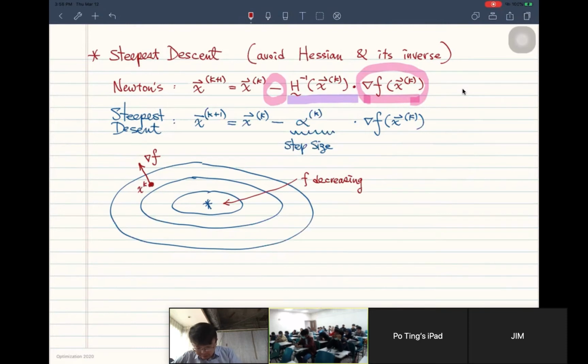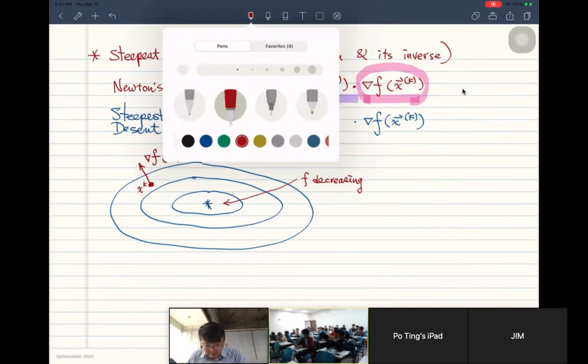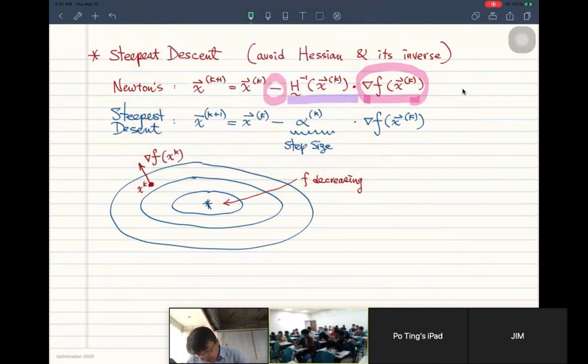So this will be the gradient of xk. So how about the negative one? The negative one basically goes this way. So this is the negative gradient. So we should try to move along negative gradient.